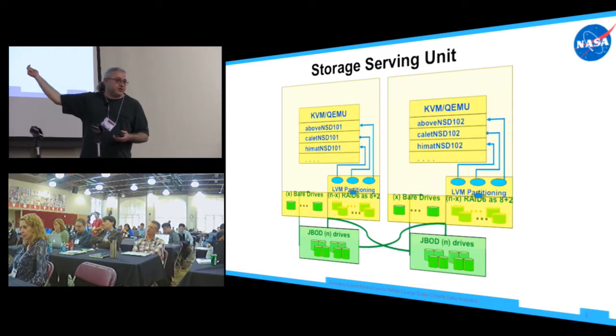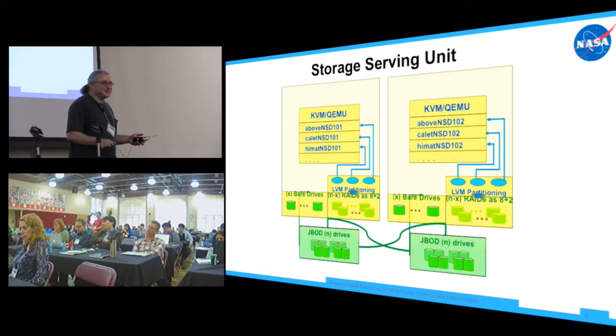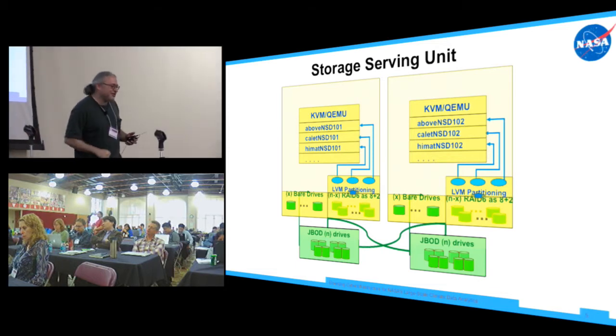And you can do that with KVM QEMU live. You can live attach or live detach a LUN. We've manually done it a few times successfully, but it's not live in production yet.